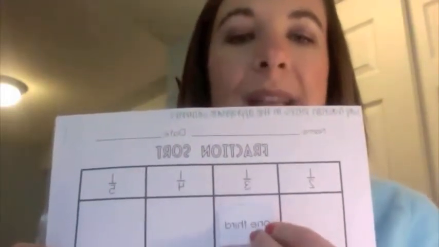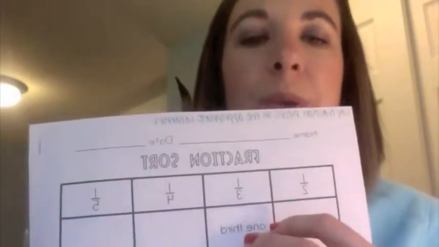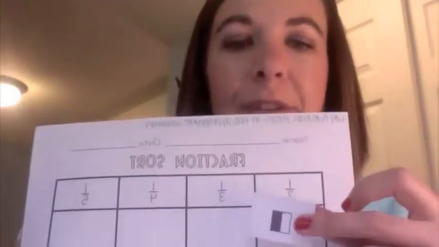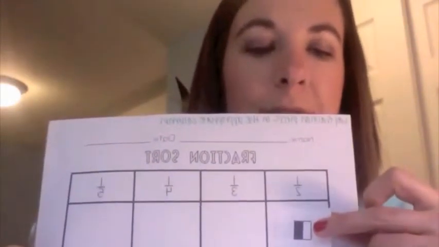We would just go ahead and lay our worksheet down on the table, and then for all of the fractions that are 1/3, we would put those in the column for 1/3. And then here's a picture of 1/2, so we would put it over here.